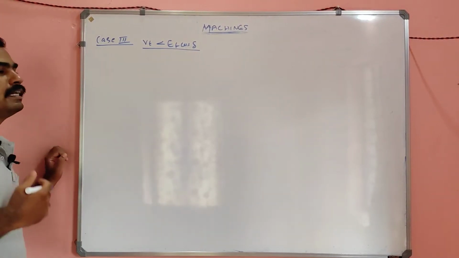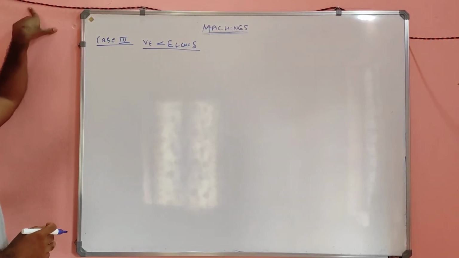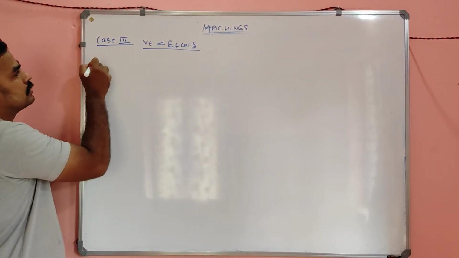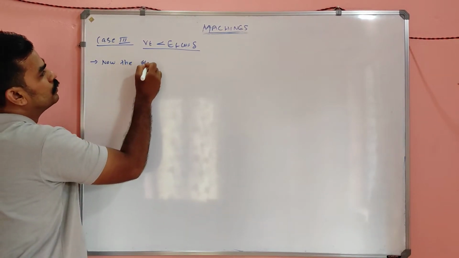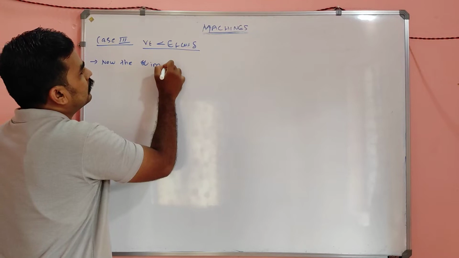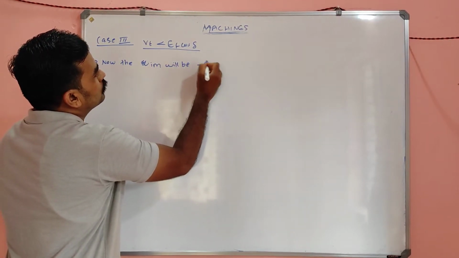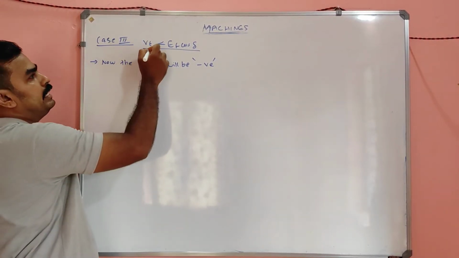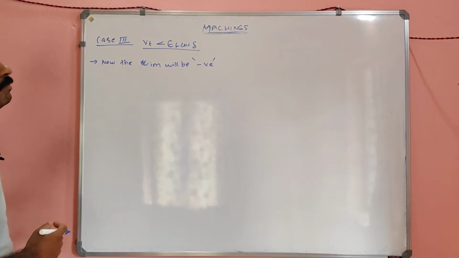If Vt is less than Ef cos delta, then the Q input of the motor will be what, my dear? Negative. The Q input will now be negative, am I correct? Because Vt minus Ef cos delta will be the Q value. So now the motor Q input will be negative.